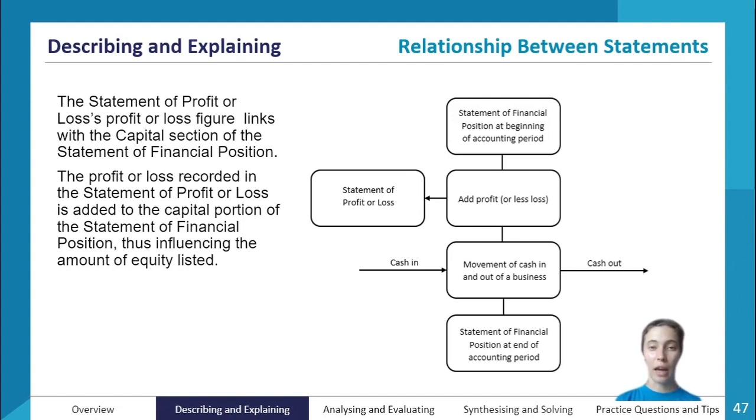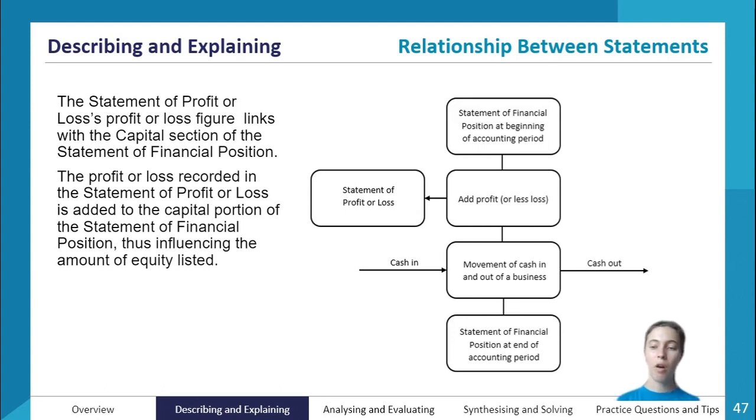We saw earlier how we have the add net profit section, and that net profit figure is coming from the statement of profit or loss. And of course, that impacts the amount of equity that's listed at the end of the statement.